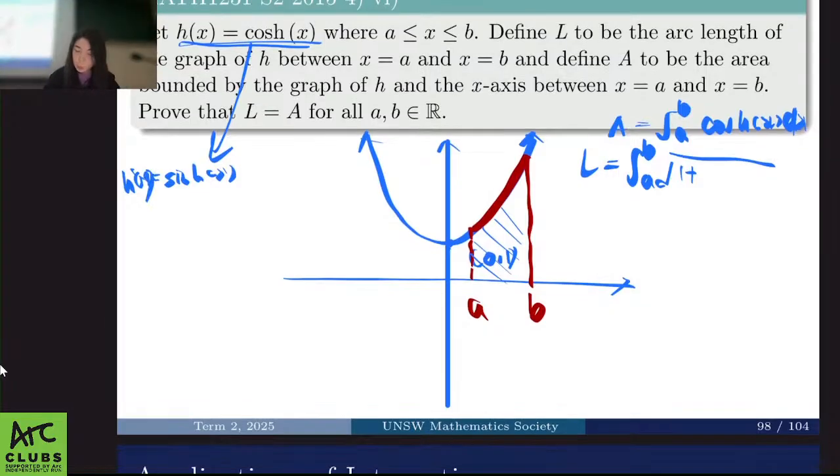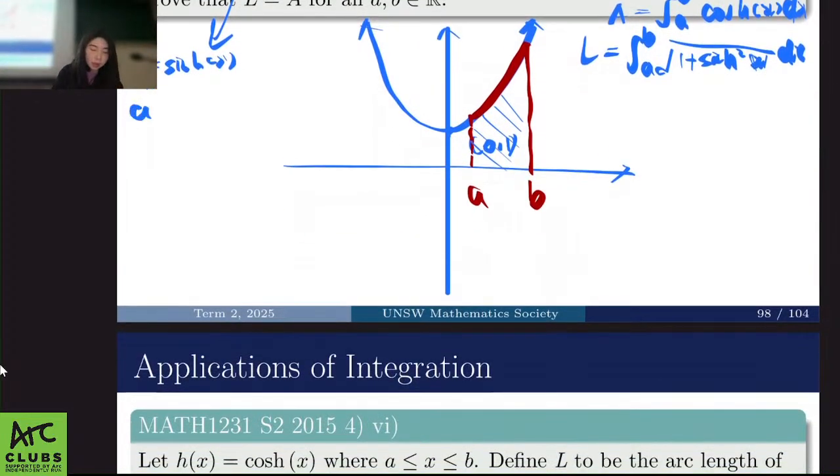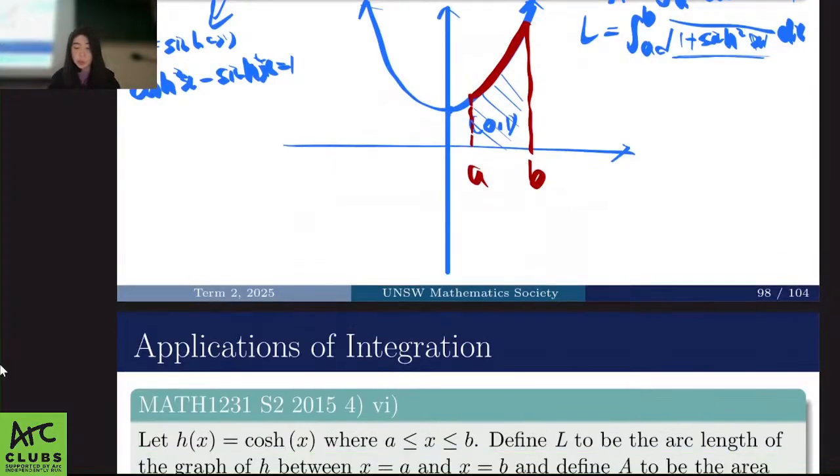That gives us the integral of the square root of 1 plus sinh squared x dx. If you remember the hyperbolic identity, cosh squared x minus sinh squared x is equal to 1. By rearranging this, we get that this is actually just equivalent to cosh squared x.